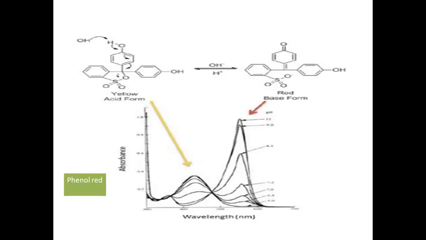So whenever we are doing any measurement in unbuffered solutions, there could be the presence of both of those forms, and if the solution is unbuffered, there could be deviation from the Beer-Lambert law. But if you take care of having properly buffered solutions wherein either the basic pH or acidic pH is maintained, the dye can exist in only one form.